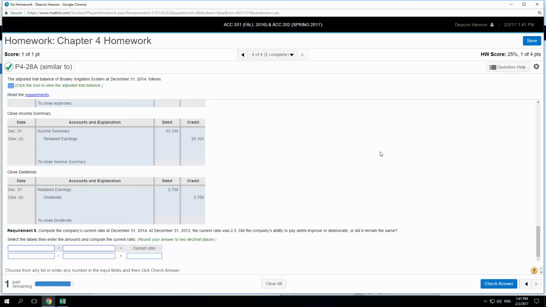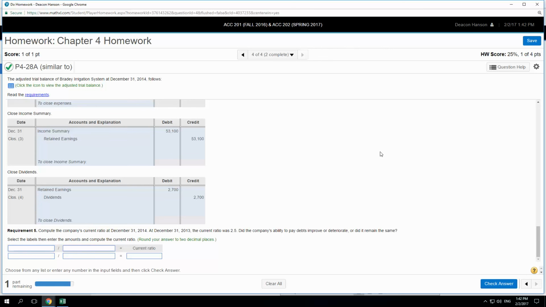Okay. Now they're throwing a ratio in here. A ratio is an analytical tool that we use to judge the company's health. In this case, what we're going to be judging is liquidity, right? Liquidity is how quickly we can convert our assets to cash, right? But broader than that, we want to know how quickly we can convert those assets to cash so we can pay the current liabilities that are coming due.